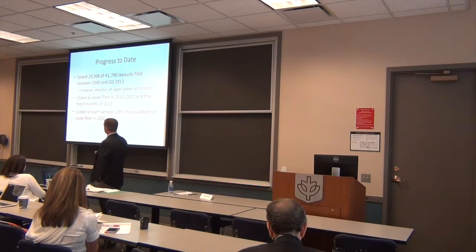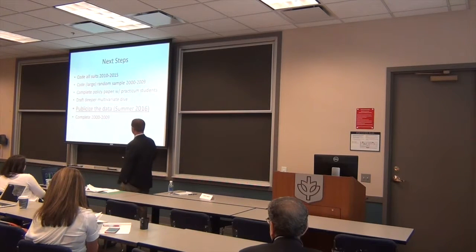I realized that at the beginning of this year, and so we focused on working backwards from the most recent cases and coding those, and we've now coded substantially everything from 2011 on. And in the last month, I've coded myself a random sample of 2,000 cases filed in 2000, which is 20% of the population, so I think it's a pretty good sample size.